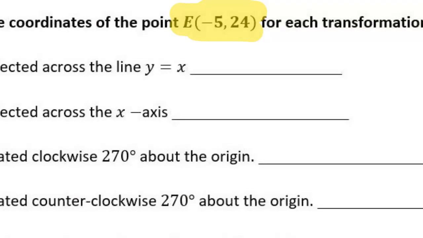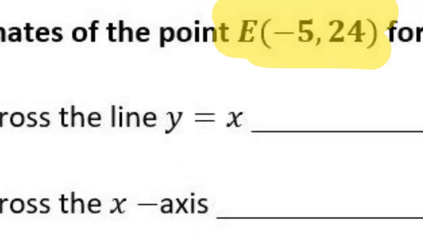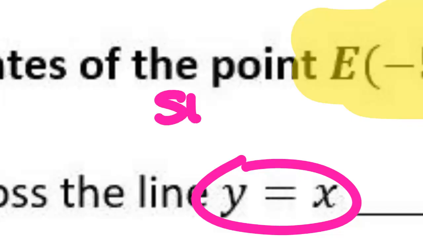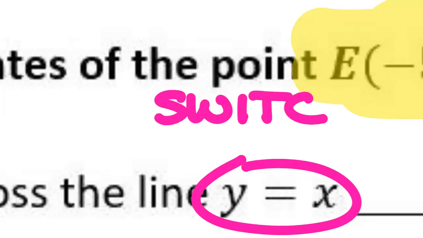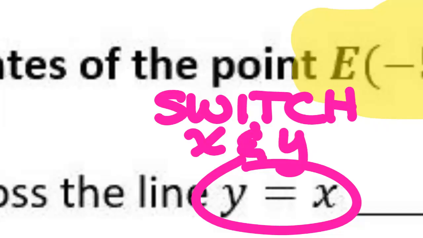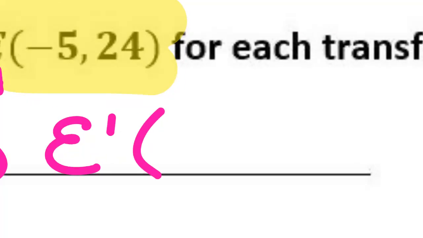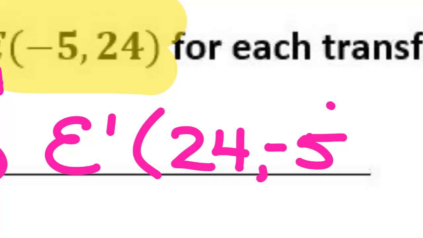If we are going over the line y equals x, what is that rule? Yes, we're going to switch x and y. So my point E prime would be (24, -5).